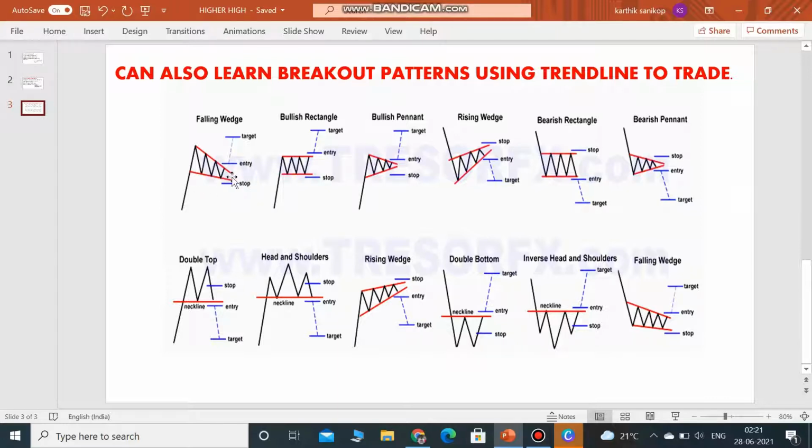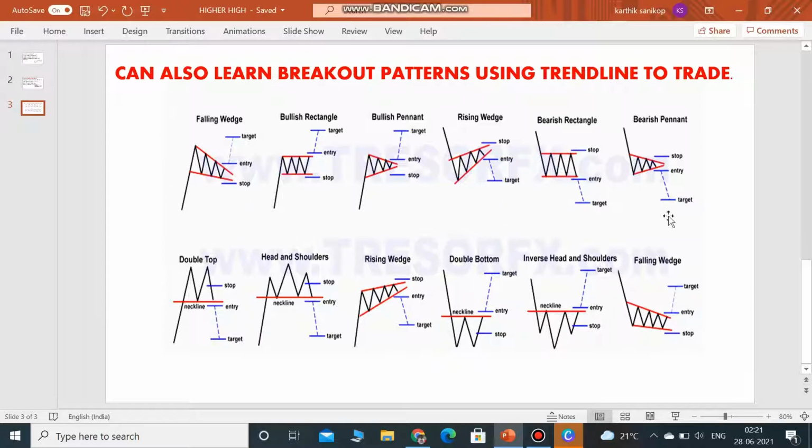So this is my support and resistance. I buy at my support whenever it reaches my trend line, and I sell whenever it reaches the top. So you can learn breakout patterns for trading on a trend line.